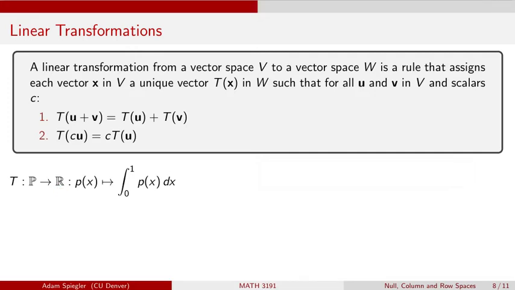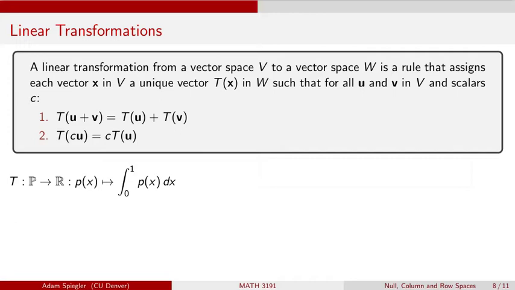Now what you need to check, and be careful here, is that the addition operation depends on where we are. When I'm adding u plus v, these are vectors in the vector space V, so I should be using the addition defined there. When I'm adding T of u with T of v, these are vectors that live in vector space W, so I should use the addition that's defined in vector space W.